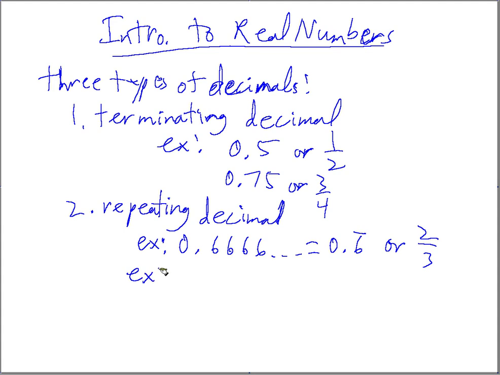Or how about a little bit of a different pattern here? For example, 0.36 and so on. So the 3 and the 6 are repeating here. Let me write that in decimal form: 0.36 with the line over both the 3 and the 6 this time.